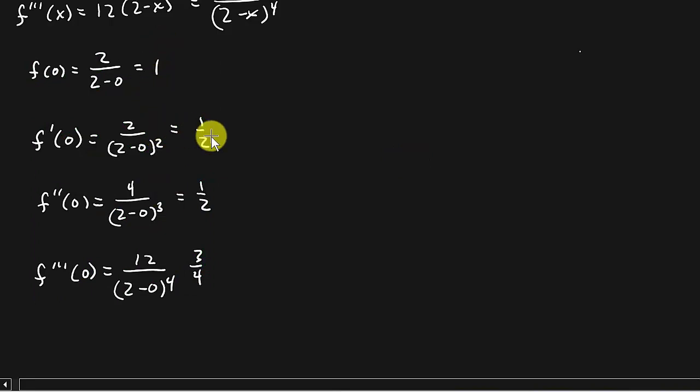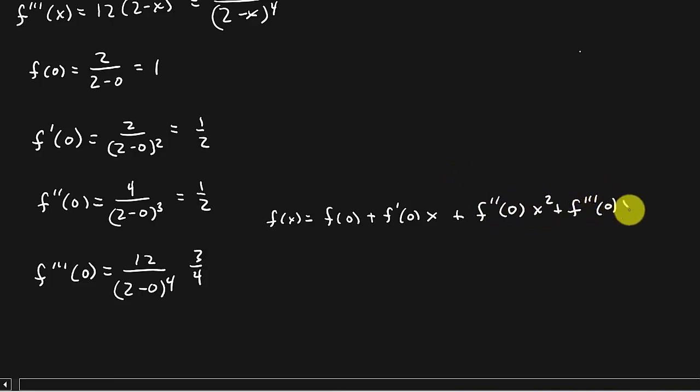So remember, our formula is f of x is equal to f of 0 plus f prime of 0 times x, plus f double prime of 0 times x squared over 2 factorial, plus f triple prime of 0 times x cubed over 3 factorial.